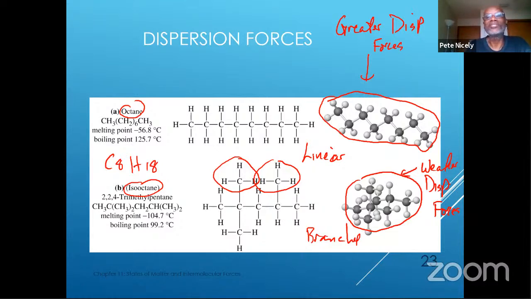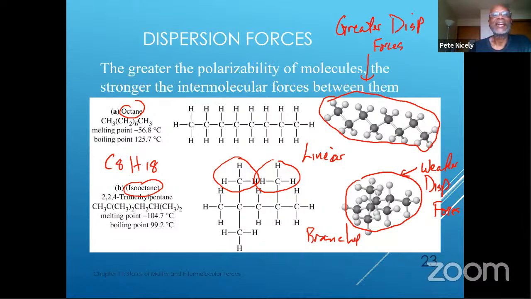So when it comes to comparing dispersion forces in relation to whether or not branches exist in molecules, this applies basically to organic molecules, all right? You don't have many compounds that form chains as in the case of organic molecules, okay? So that's as far as comparing dispersion forces to the structure of organic compounds.